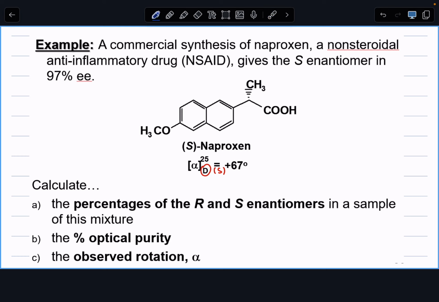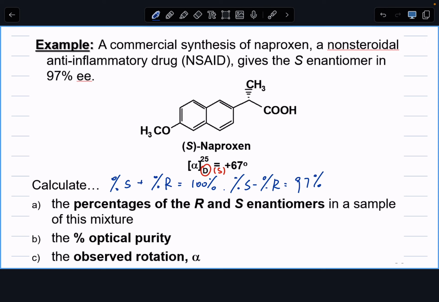So this one is basically translating percentage EE into percentage ER. There are different ways to do it. I tend to say percentage S plus percentage R equals 100%, and percentage S minus percentage R is 97%. That's your percentage EE.